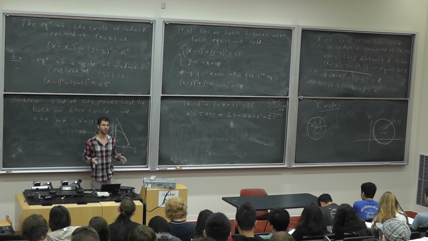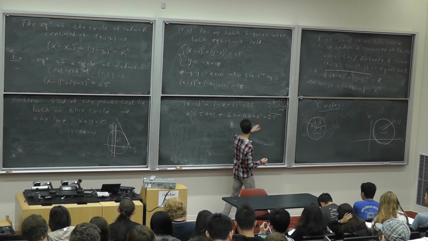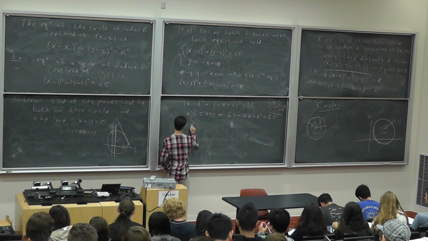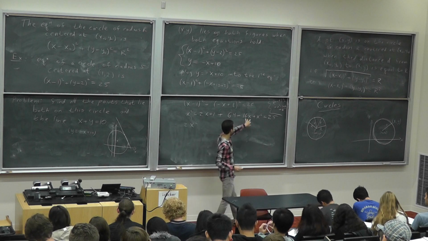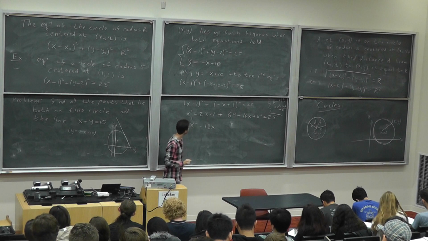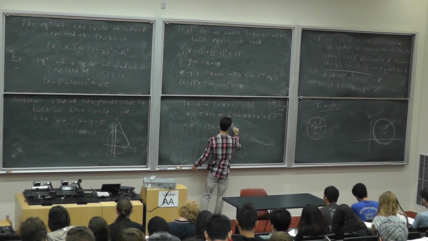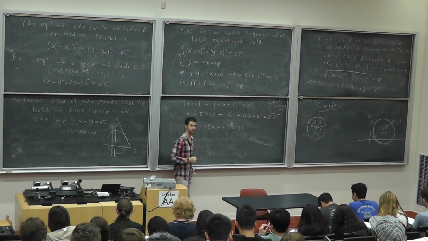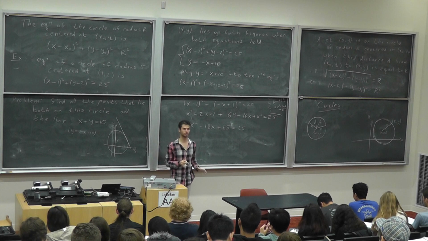Now I will rearrange these things a little bit. So x squared, another x squared, a total of 2x squared, minus 2x and minus 16x, so a total of minus 18x, plus 1 plus 64, 65, is 25. Now I start seeing what kind of equation it is.